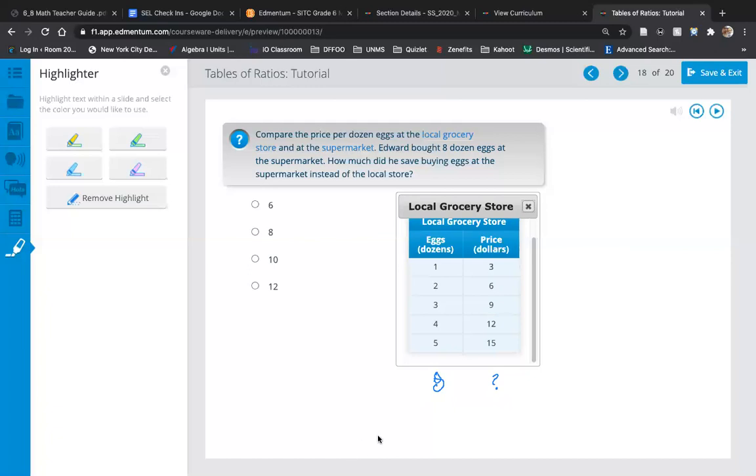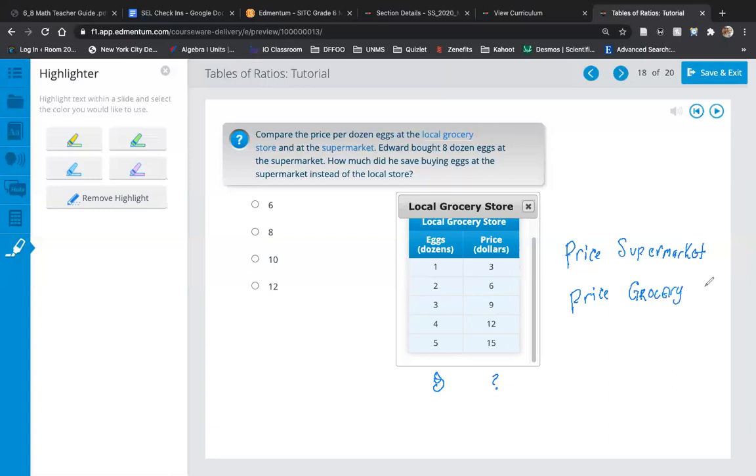So you're gonna end up with 2 numbers. You need to find the price for the eggs at the supermarket. Then you need to find the price of the eggs at the grocery store.